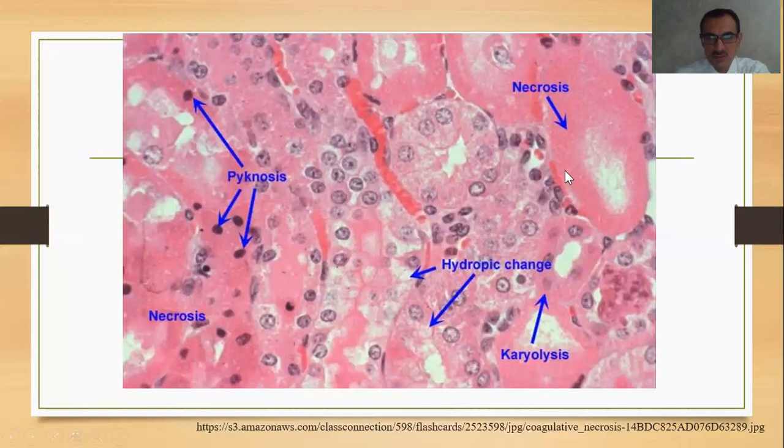This is, in hematoxylin eosin staining slides, a pink, homogeneous, acellular mass that we call necrotic debris, or the necrosis.